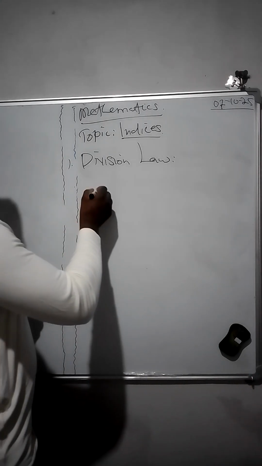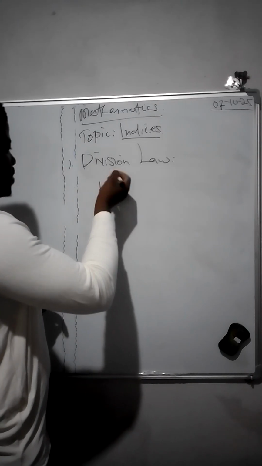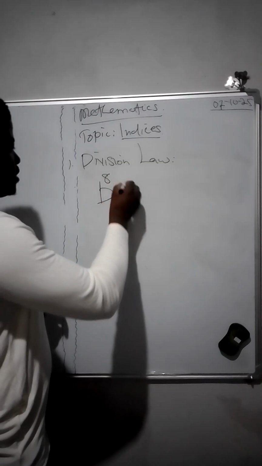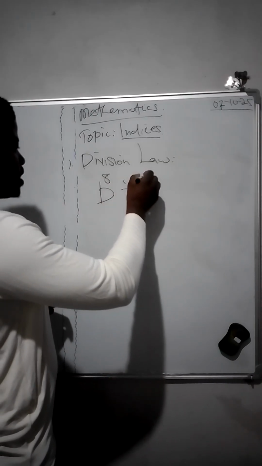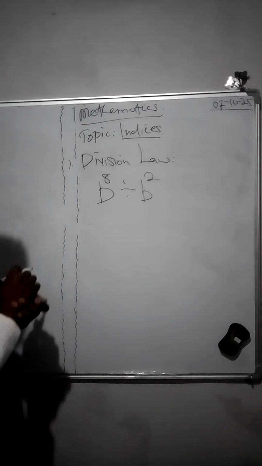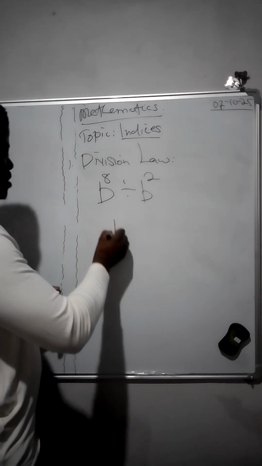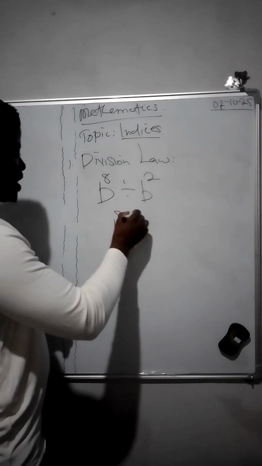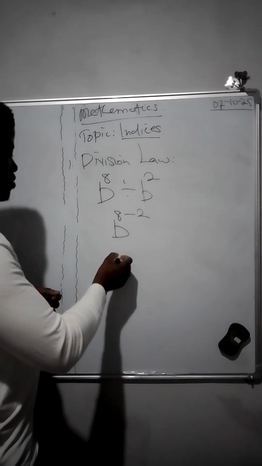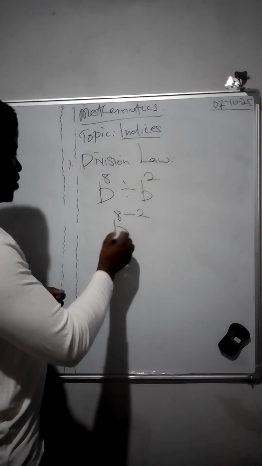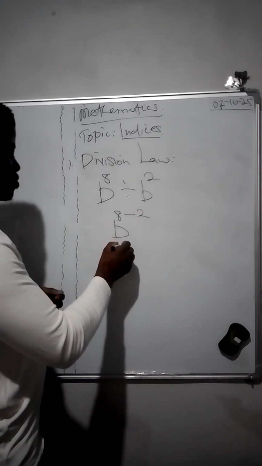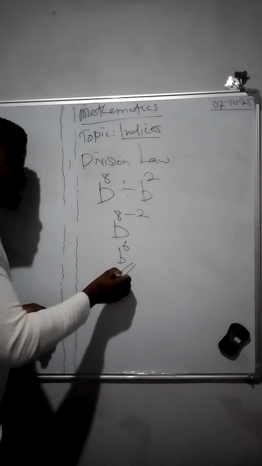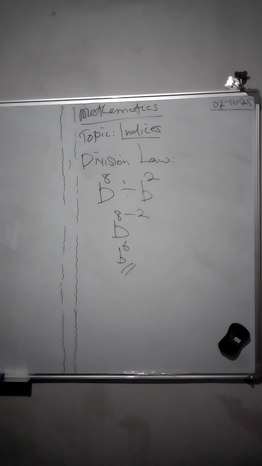For example, we have b raised to the power 8 divided by b raised to the power 2. You pick one base, b, then the power is 8 minus 2. So we have b raised to the power 6. Then this becomes your answer.